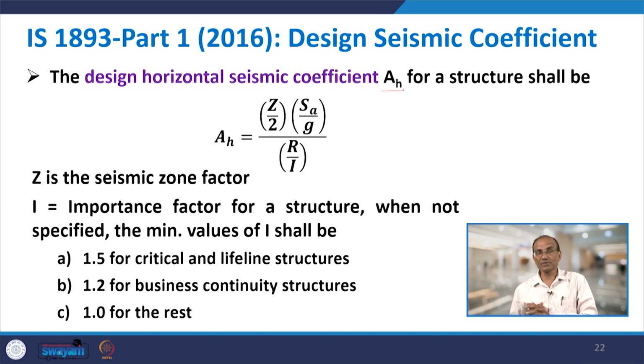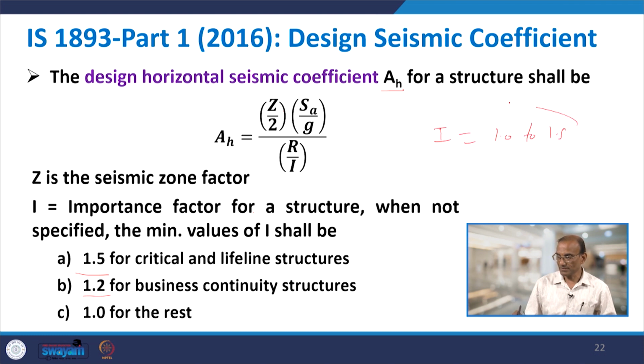If it is not given, then I should be taken as 1.5 for critical and lifeline structures, for example bridges, hospitals or dams; 1.2 for business community structures, for example industrial areas; and 1 for the rest of the structures, for example residential buildings. So the importance factor I varies from a minimum of 1 to a maximum of 1.5.